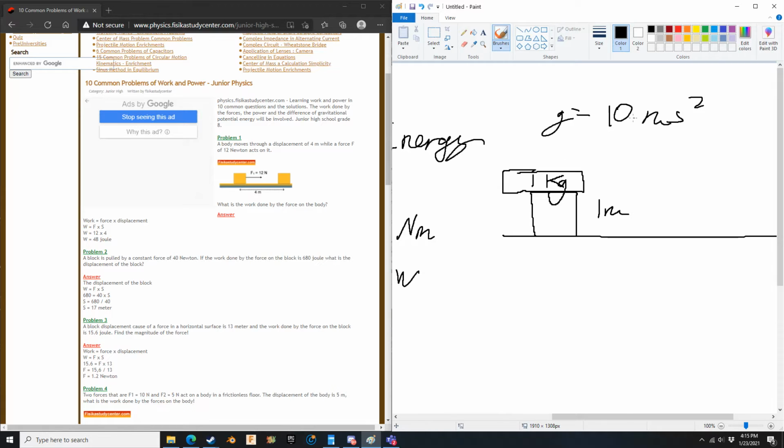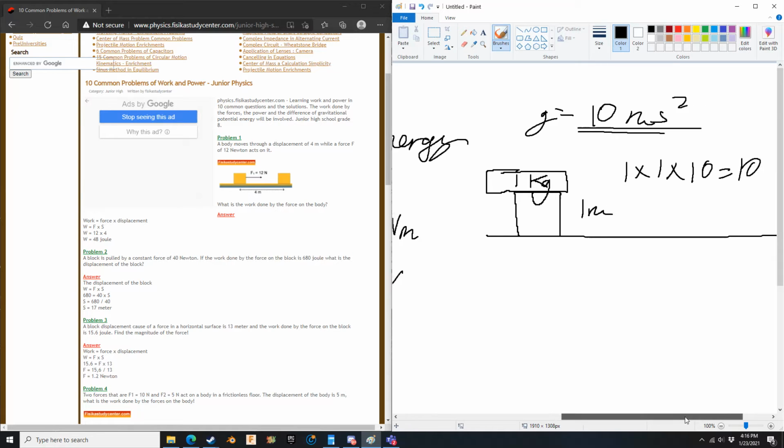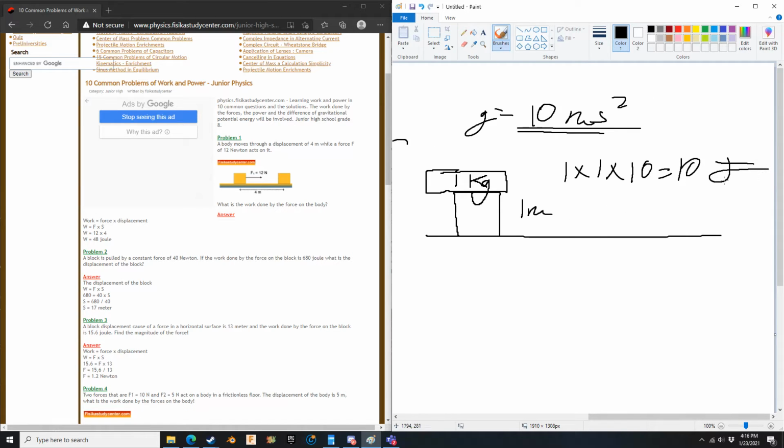When you go into IB, you'll find that gravity should not be taken as 10 meters per second squared, but because of your MYP, we take nice simple round numbers. So it'll be 1 kg times 1 meter times 10, which is equal to 10, and this is going to be 10 joules.